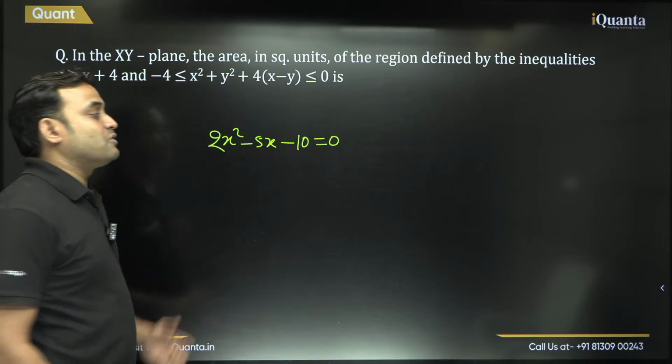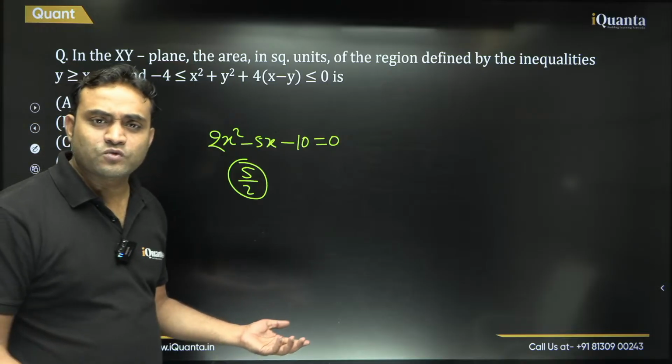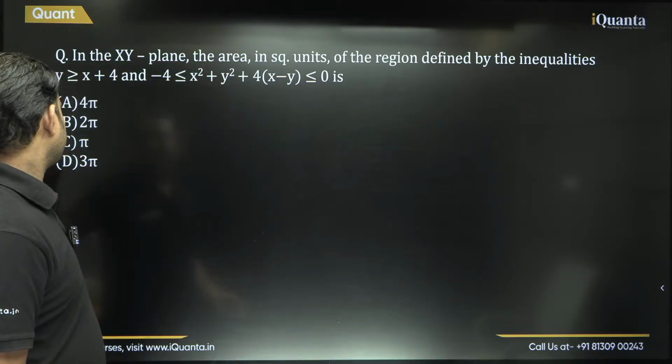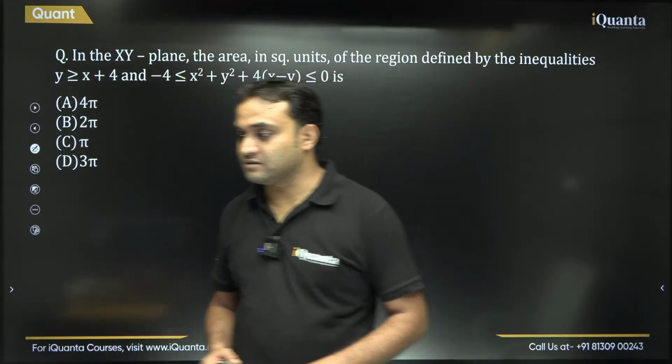What will be the sum of the roots? It will be 5/2. What are the roots? We don't need to find. We need to find the sum of the roots. So what satisfies and what doesn't, that is not the point here.